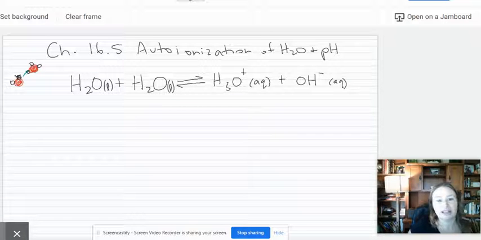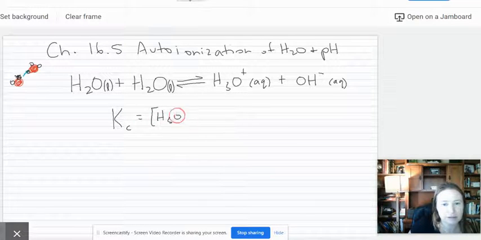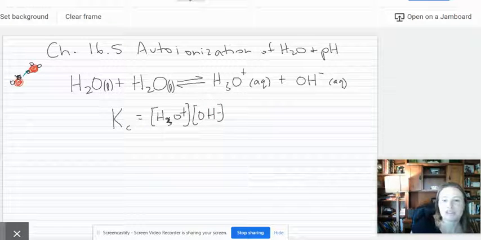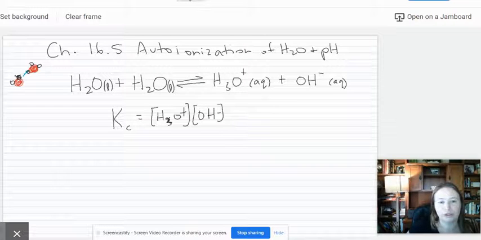So we have yet another K. If I was writing out the equilibrium constant for this reaction, the products on top would be H3O plus and OH minus, and it would be divided by my reactant. However, some of you probably noticed these are both pure liquids.